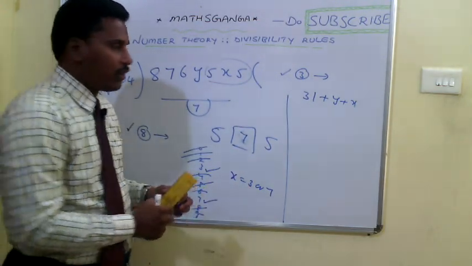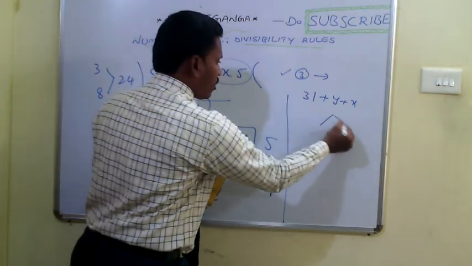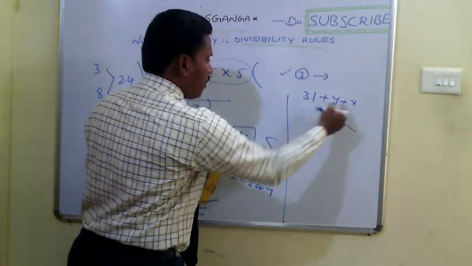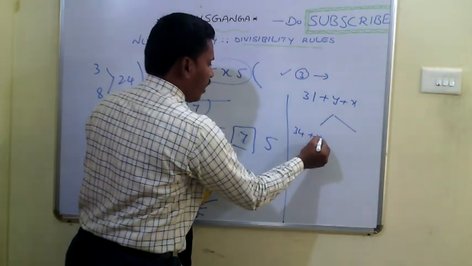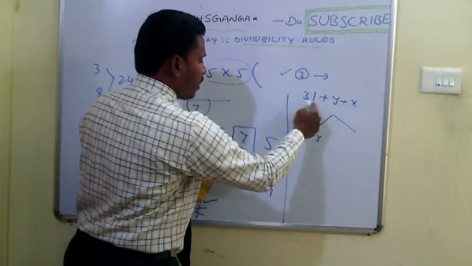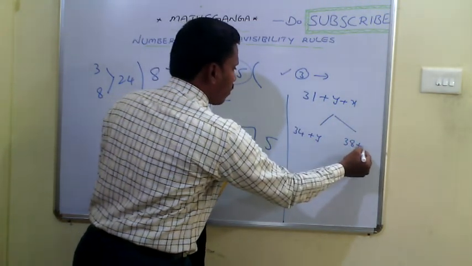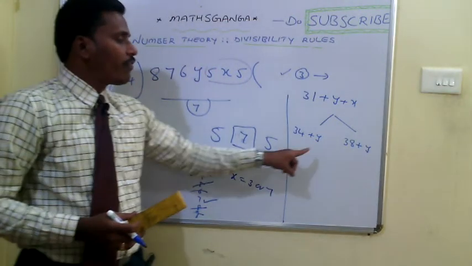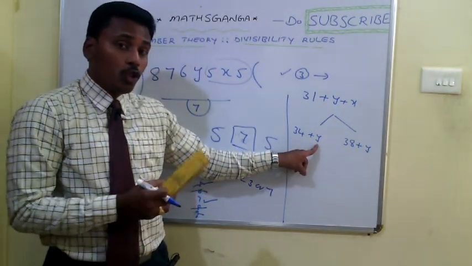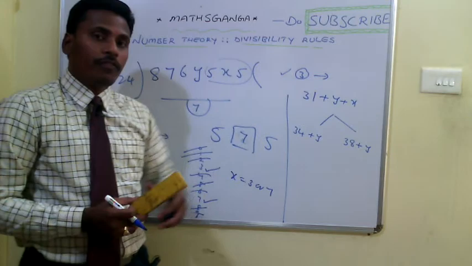We have x as 3 or 7, so we have two cases. If x is equal to 3, the sum is 34 plus y. If x is equal to 7, then it is 38 plus y. We need to fix different values in the place of y so that the sum is a multiple of 3.